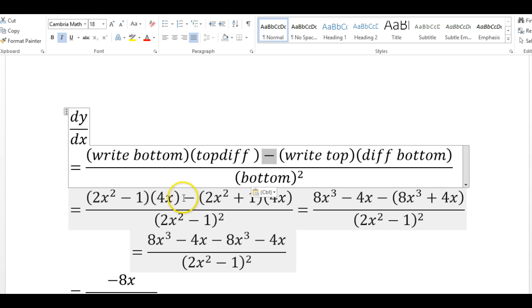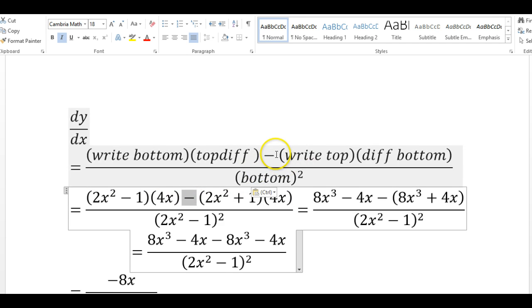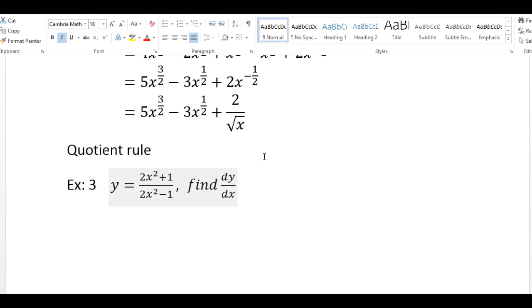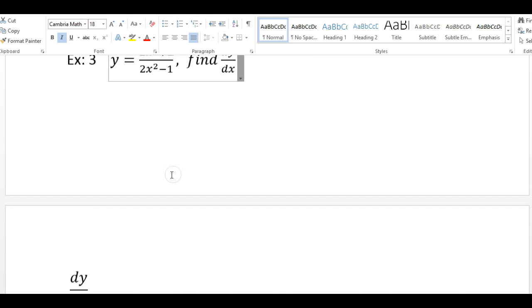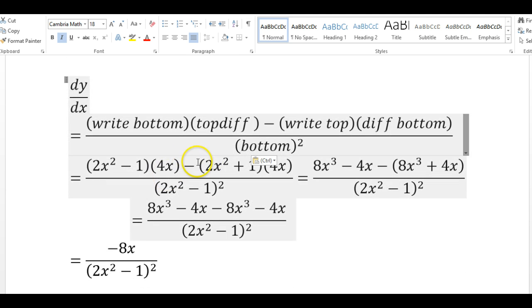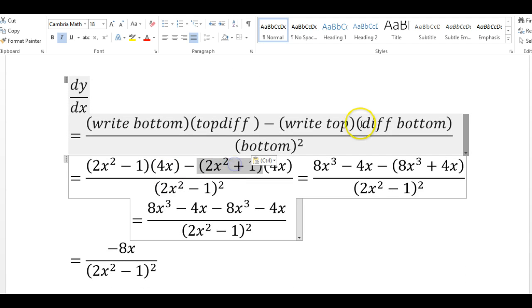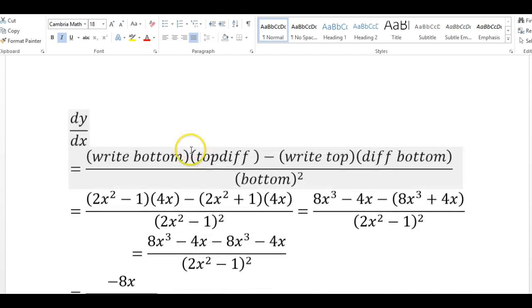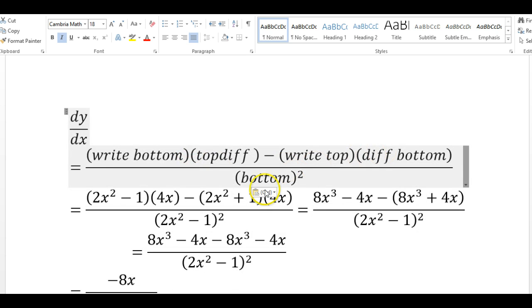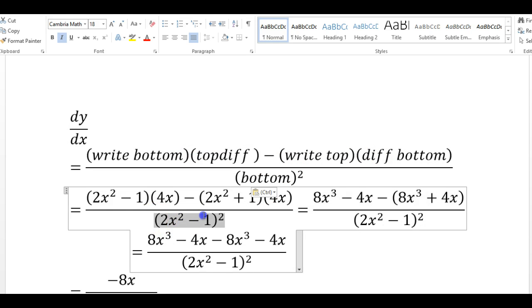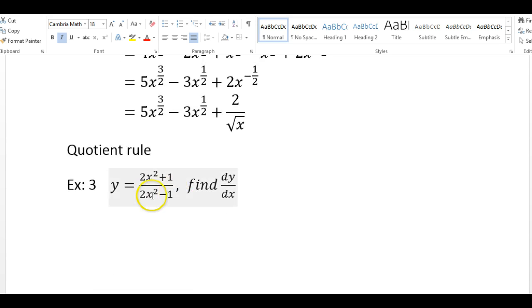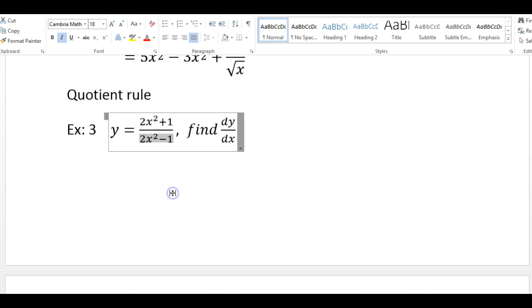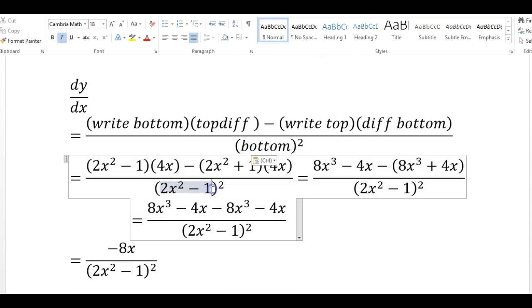Write top, which is 2x squared plus 1, and then differentiate the bottom. What's the derivative of the bottom? The bottom here is 2x squared minus 1, so its derivative will be 4x, right? And then bottom squared. The bottom is 2x squared minus 1, so the bottom squared is 2x squared minus 1 squared, right?